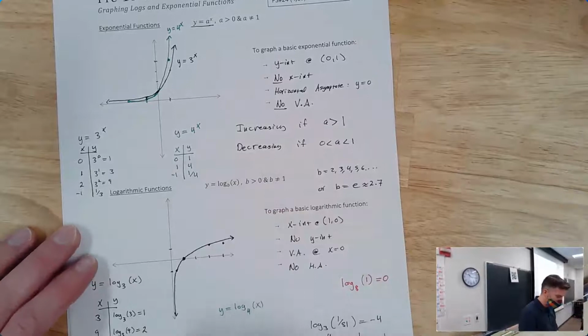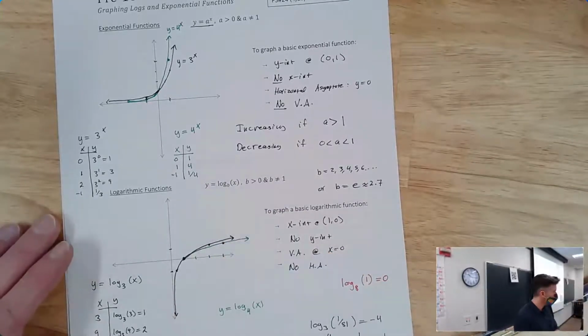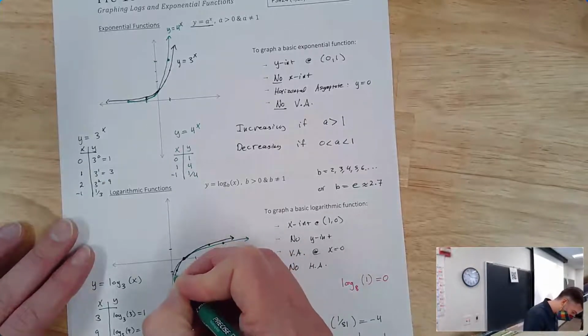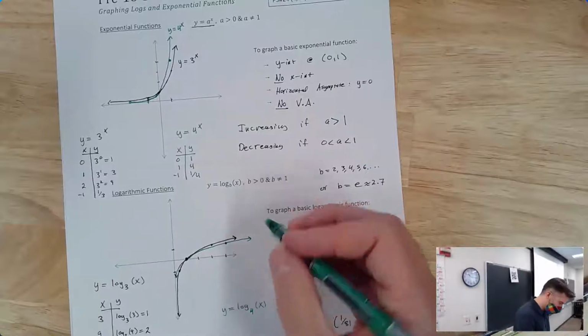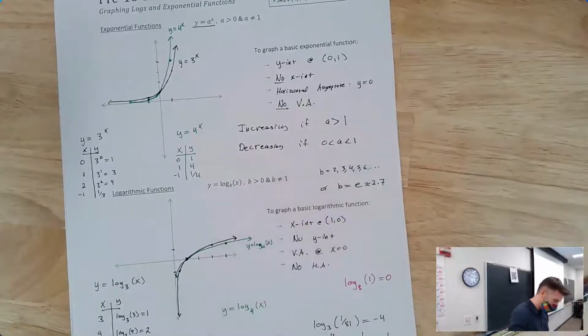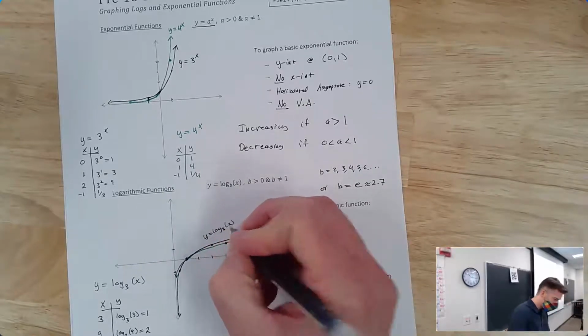This one's just a little bit more gradual. And they do cross here, like that. So there's y equal to log base 4 of x in green, and there's y equal to log base 3 of x in black.